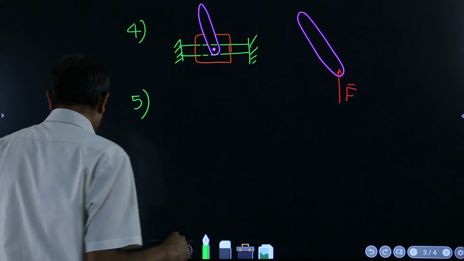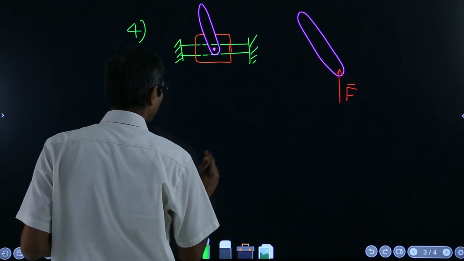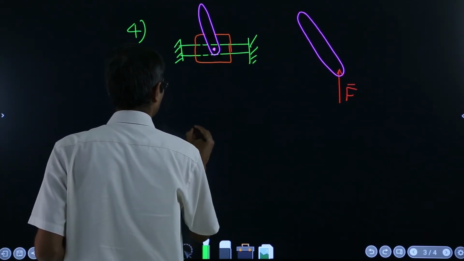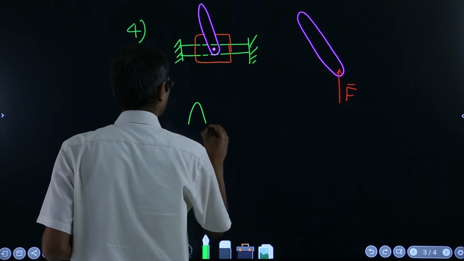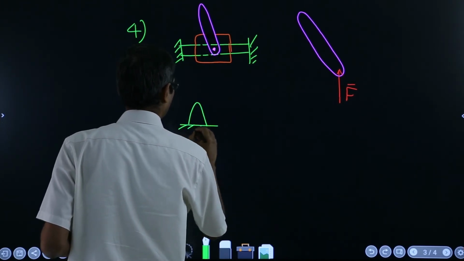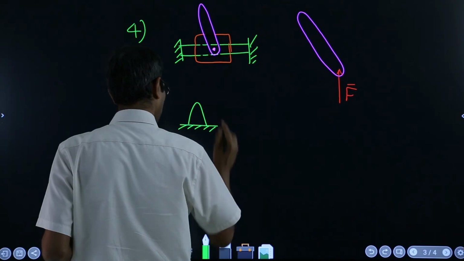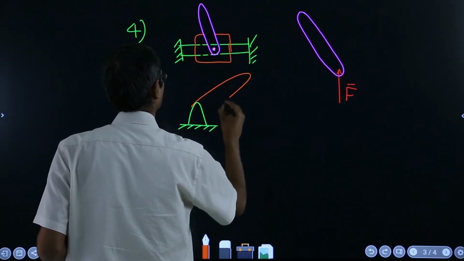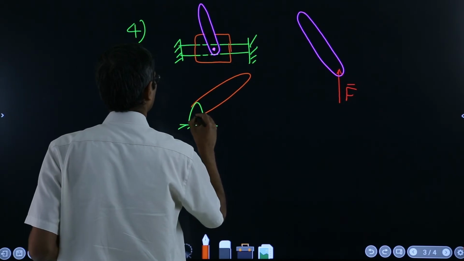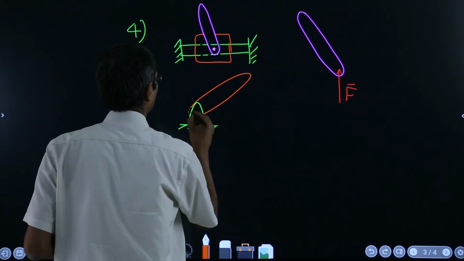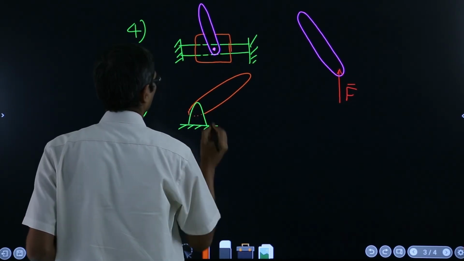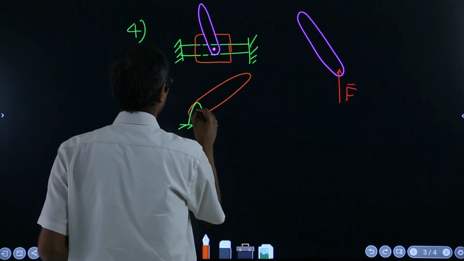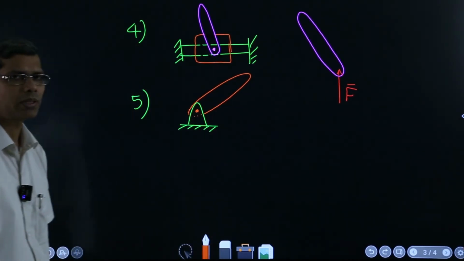But the schematic representation is shown something like this. I have always been drawing it like that, and say this is your bar, and here is the pin.